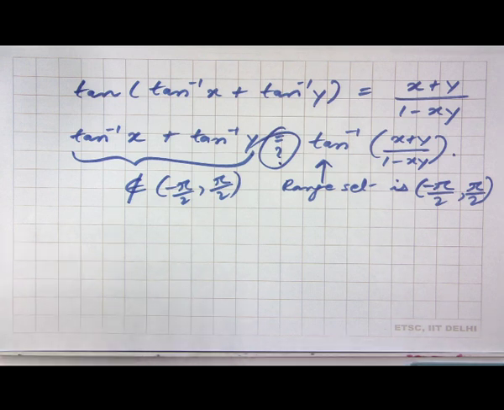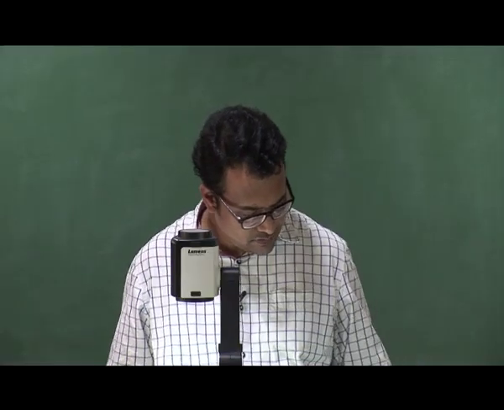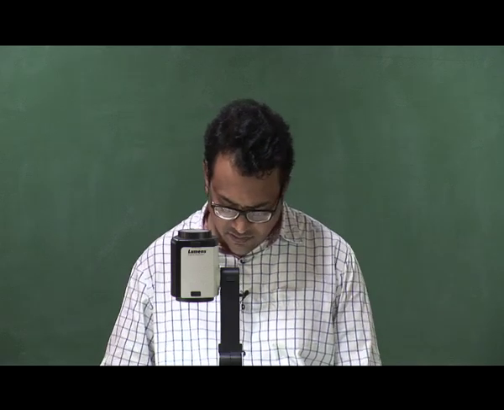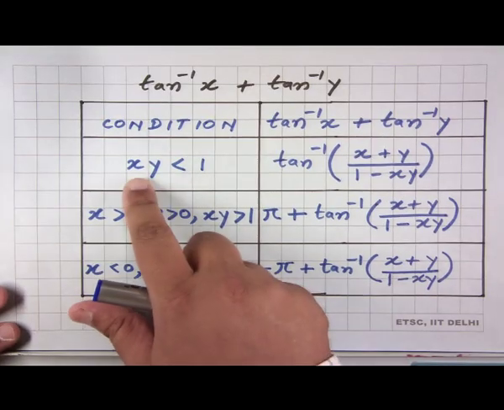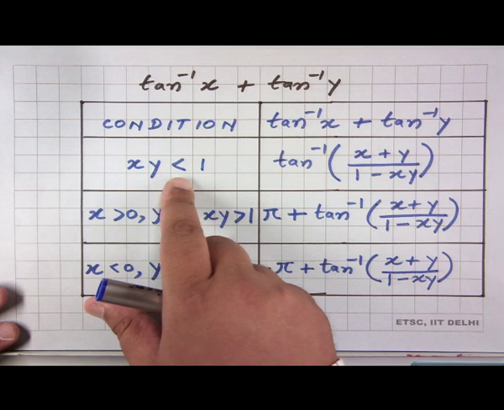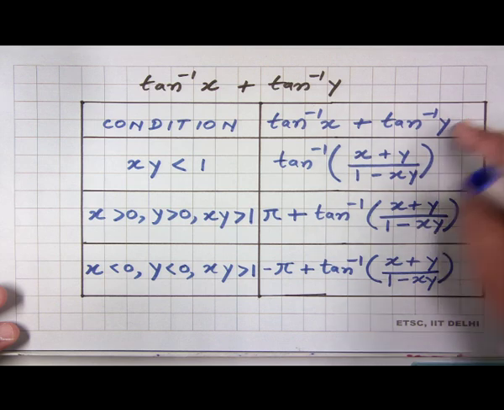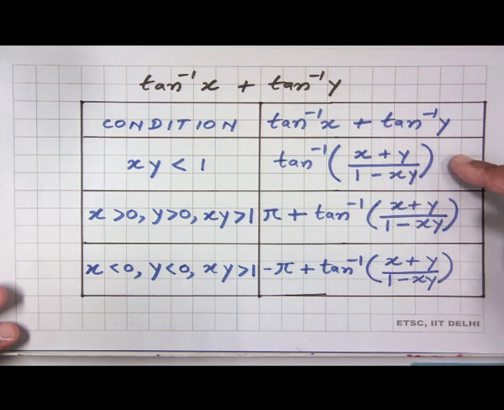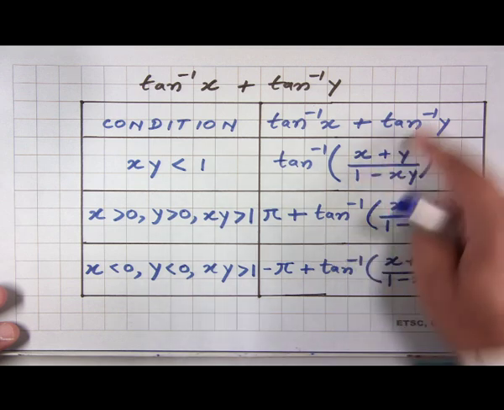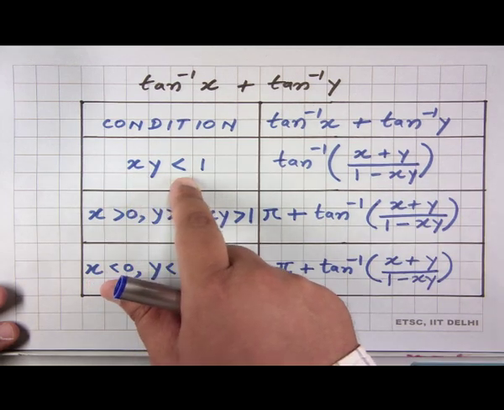So, in the next few slides, I will derive the following result. Here is a nice table. We will show that if x times y is less than 1, then it is true that tan inverse x plus tan inverse y is exactly equal to tan inverse of (x plus y) over (1 minus xy). But this is equal to this only if xy is less than 1.